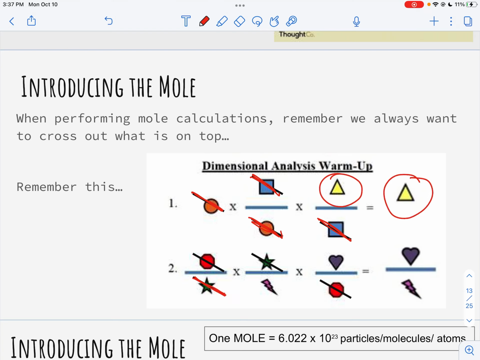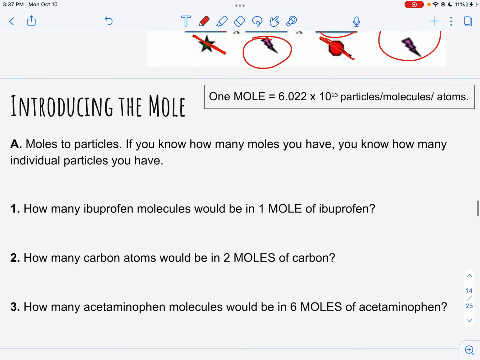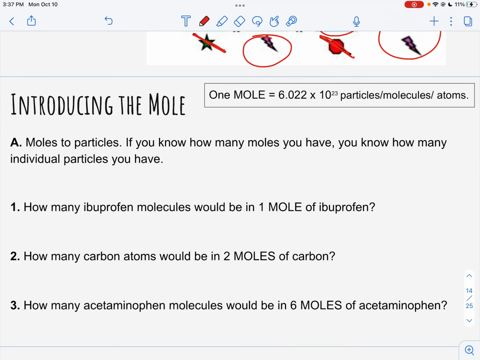Same thing for number 2, my green stars cancel, my red hexagons cancel, so I'm left with heart over lightning bolt. So as we start setting up our calculations, we want to just remember, whatever we have, we want to make sure we can cancel it out with the units on the bottom.